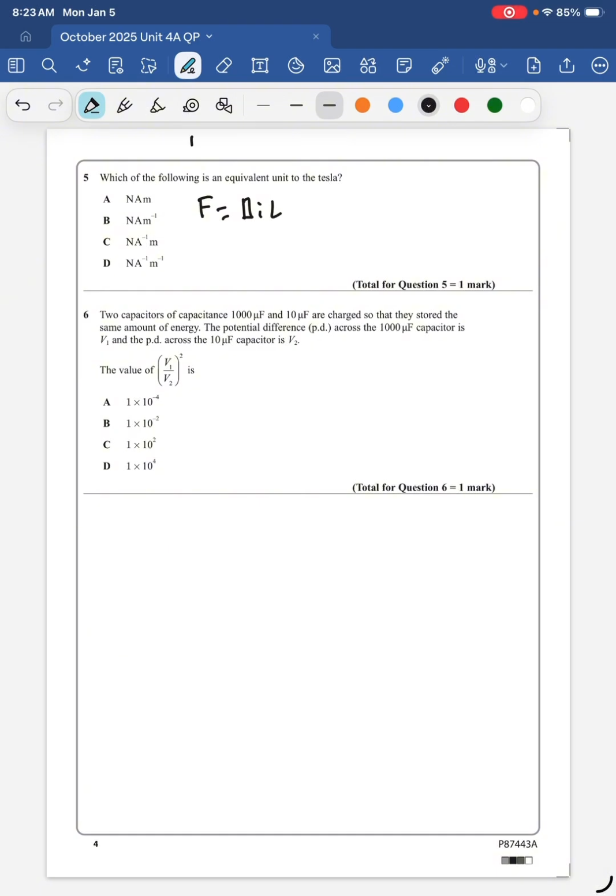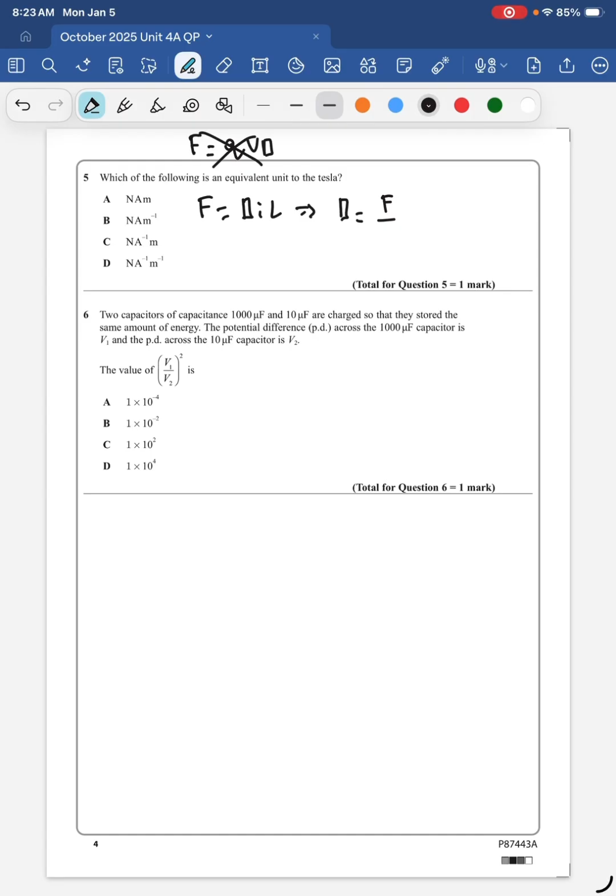There is also qvB, but it's irrelevant to this problem, so we don't use that. If we solve for B, we see that B is F over IL. What are we looking for? The Tesla.